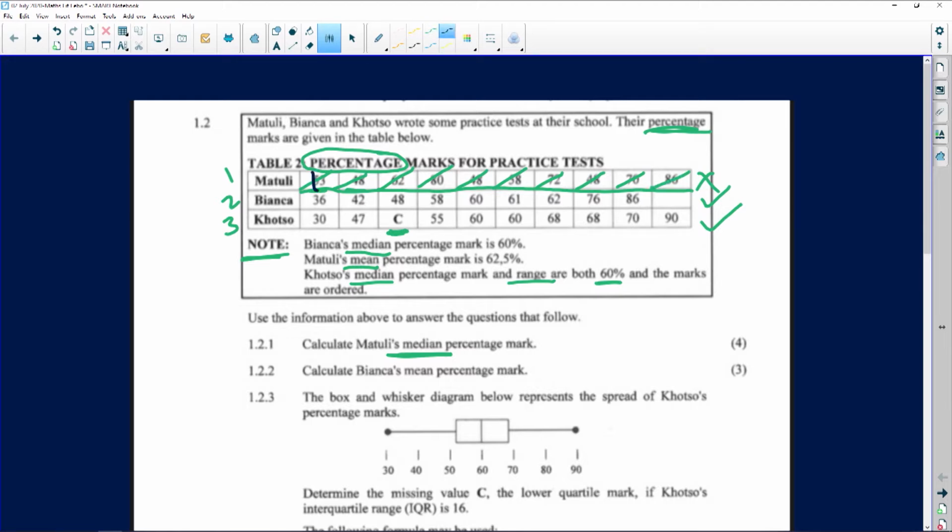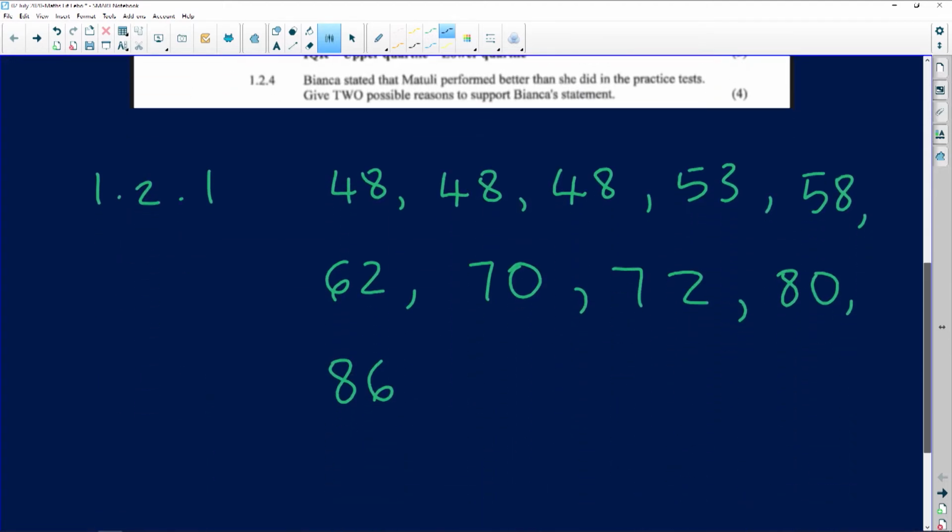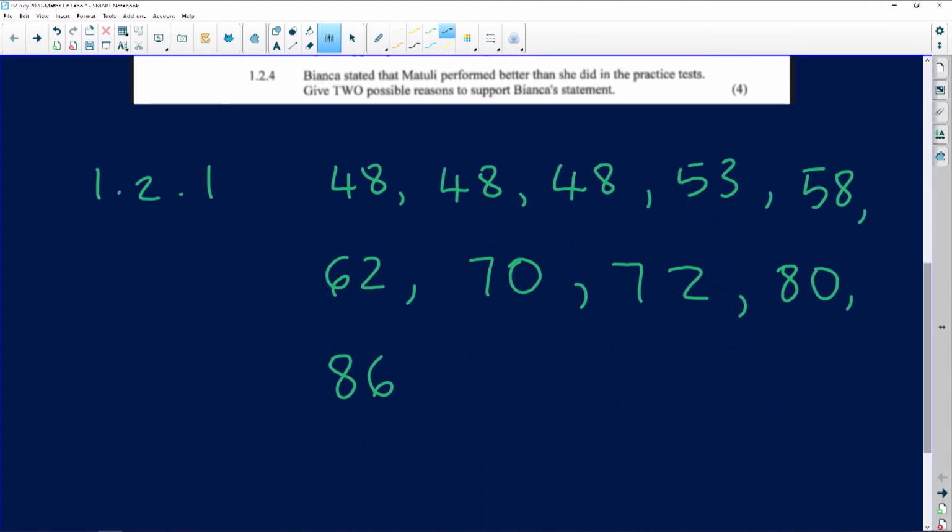That's 1, 2, 3, 4, 5, 6, 7, 8, 9, 10. That means that I need to have 10 marks. So 1, 2, 3, 4, 5, 6, 7, 8, 9, 10. Perfect. I've got 10. So now because I've got my 10, I can work with the 10 that I have been given.